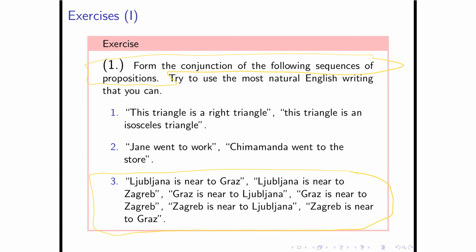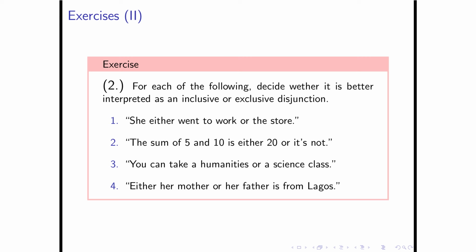I mean, you're going to see my solutions later on, but I tried to sort of express the conjunction of all of these sentences in the most natural and concise way possible. So aim for that in your solution and then compare with my solution. And then in each of the following, decide whether it is best understood as an inclusive or exclusive disjunction. So she either went to work or the store, so on.